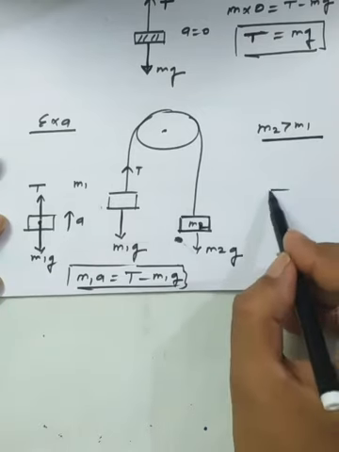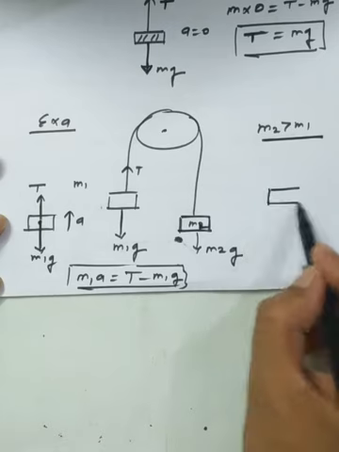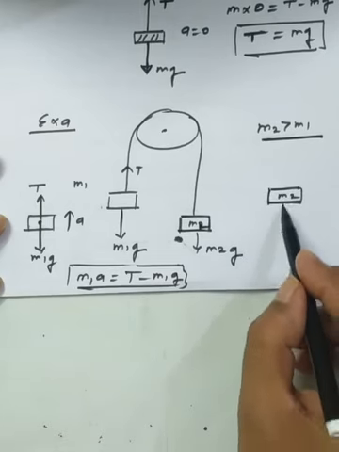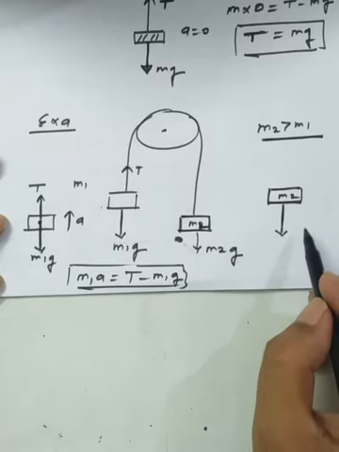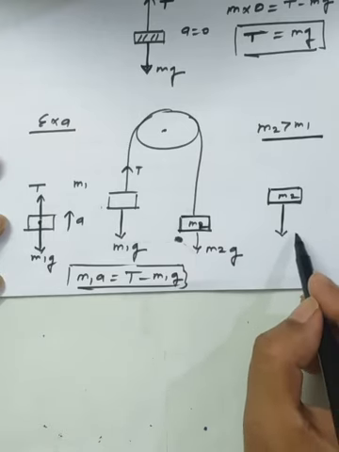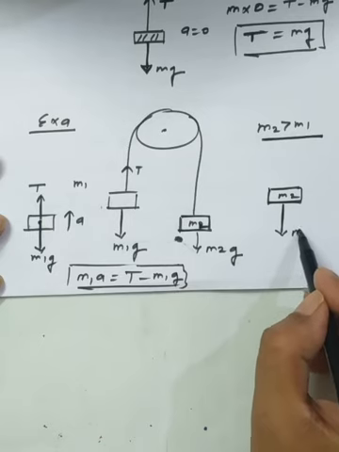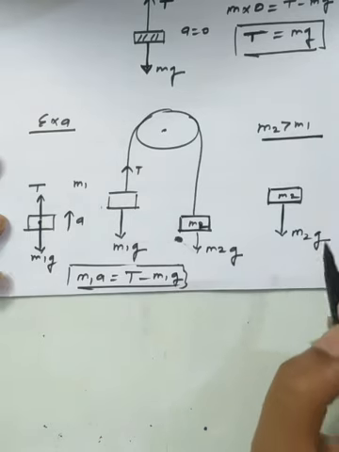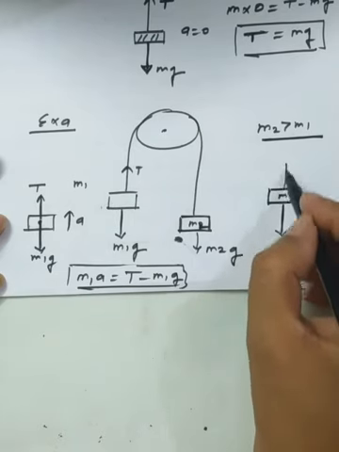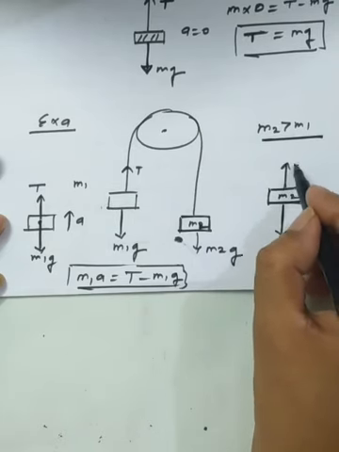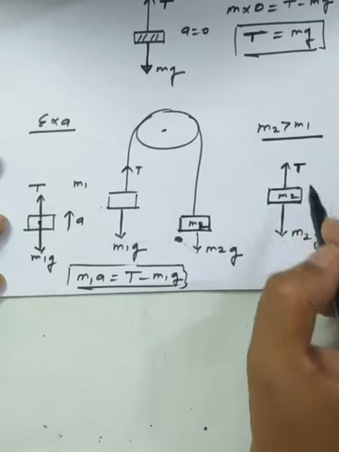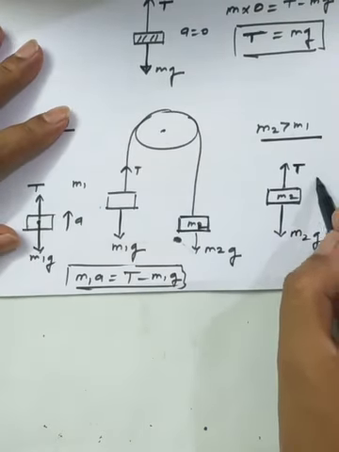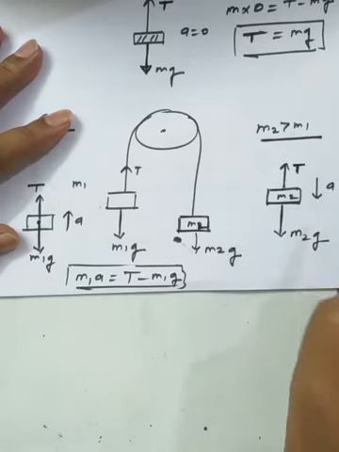Now I am resolving the second FBD. I am keeping m2 separate, and as per the law of gravitation, the weight is there, that is m2g. This acts in a vertical downward direction, and it is also attached to a string, so we assume that tension T will be in an upward direction, and the system is moving downward with acceleration a.